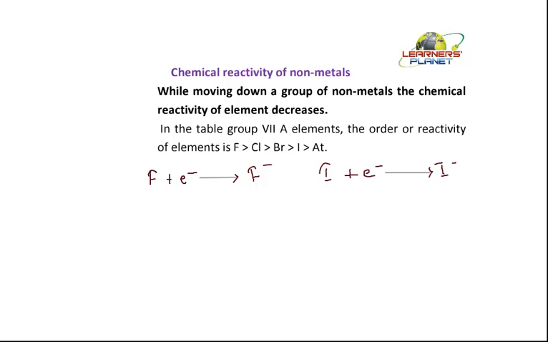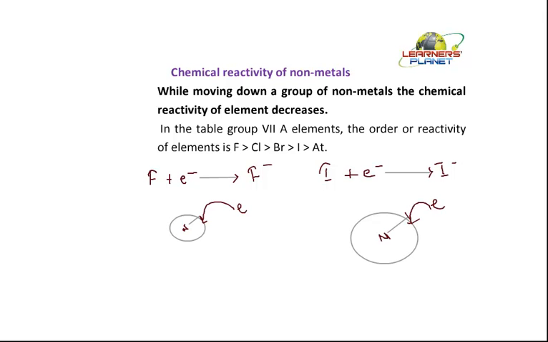Now I told you again about the size of fluorine. The size of fluorine is very small. And what about the size of iodine? The size of iodine is big. What about the nuclear force of attraction on the incoming electron? It would be maximum in fluorine and less in iodine. So this electron is coming inside.